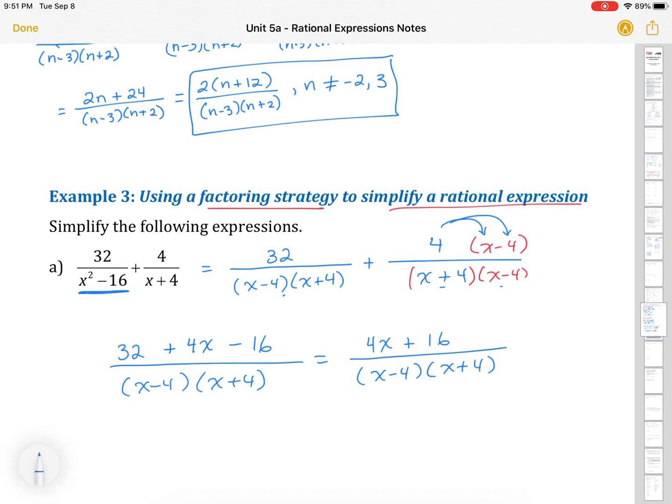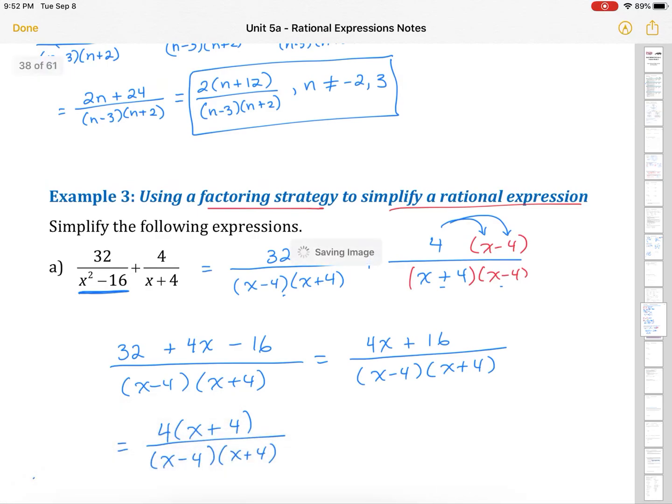Now, I'm not done. What goes into both 4x and 16? Well, 4 does. So I can factor out a 4, and I'll get x plus 4. And then I get x minus 4, x plus 4.